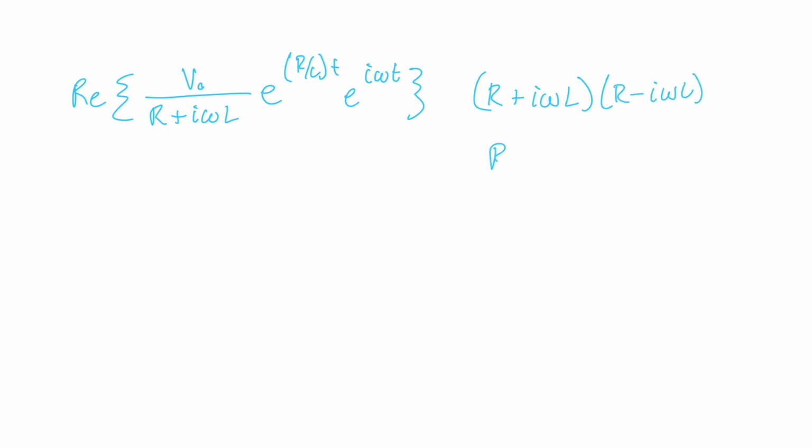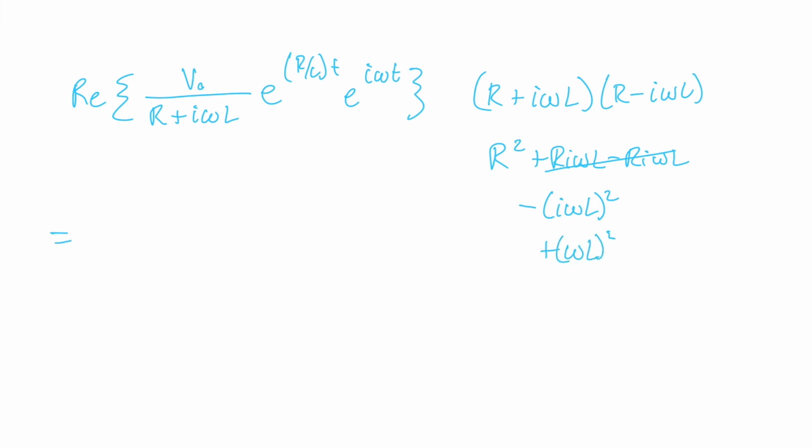So here we have an R squared, then we have a plus R I omega L minus R I omega L, which obviously cancel out, and then we have a minus I omega L squared, which this I becomes a -1, so this is a positive omega L squared.